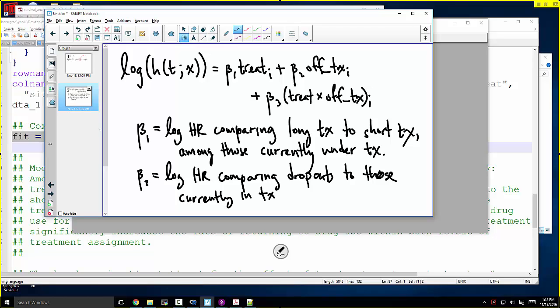And here again, because of the interaction, I have to specify that this is among those in the short treatment group. So beta 2 is the effect of off treatment only if treatment is 0 because of the interaction.